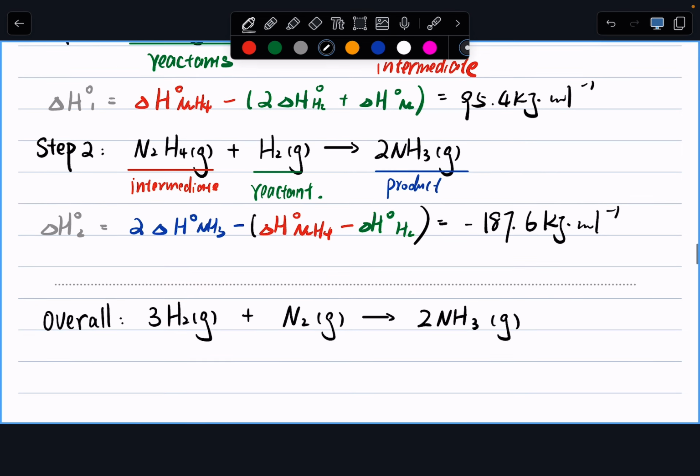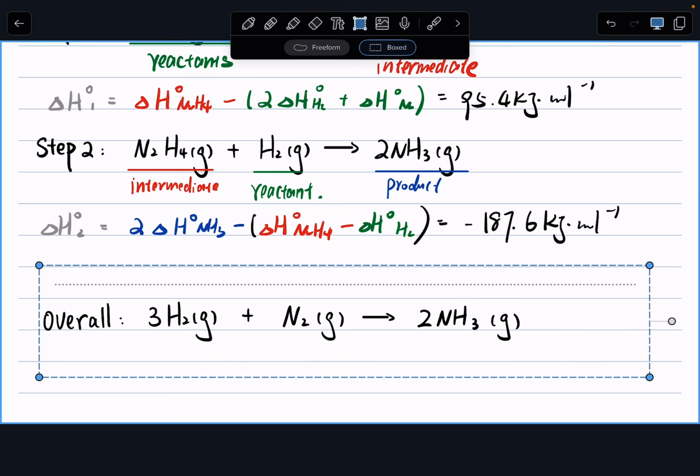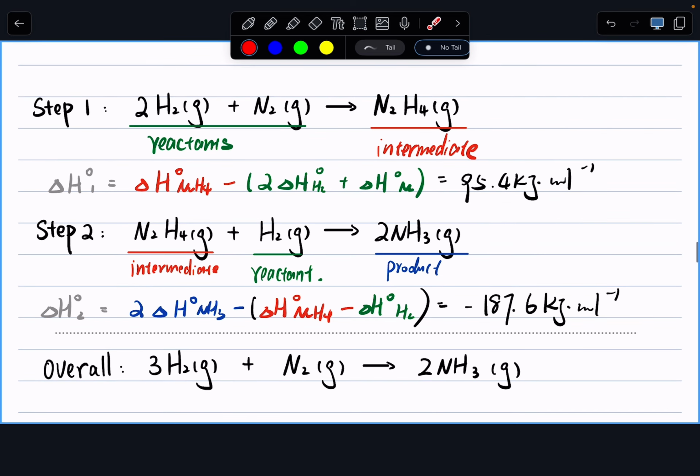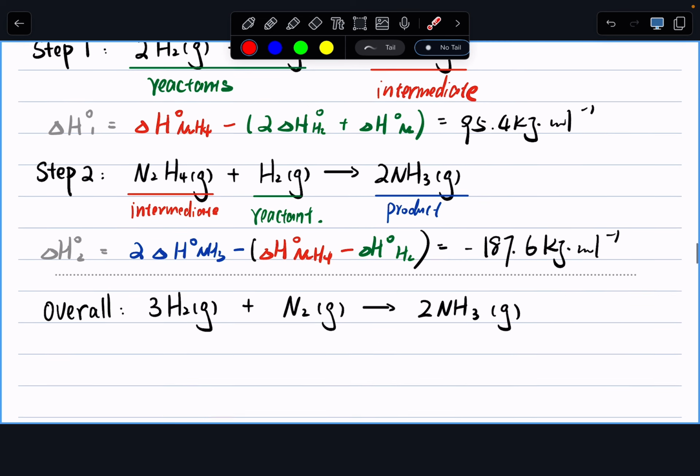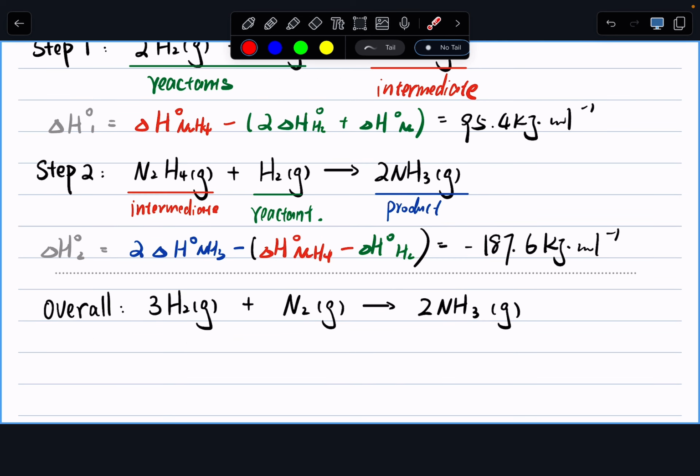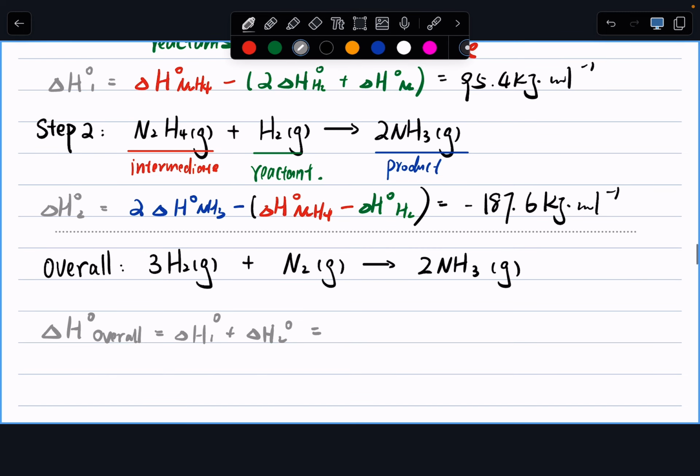The overall reaction thus becomes, we can cancel out some of them. For example, my intermediate will cancel out. So as a whole, we have 3 moles of H2 reacting with 1 mole of N2 to form 2 moles of NH3. The overall reaction, we can write delta H overall equals delta H1 naught plus delta H2 naught, and that equals product minus reactant.